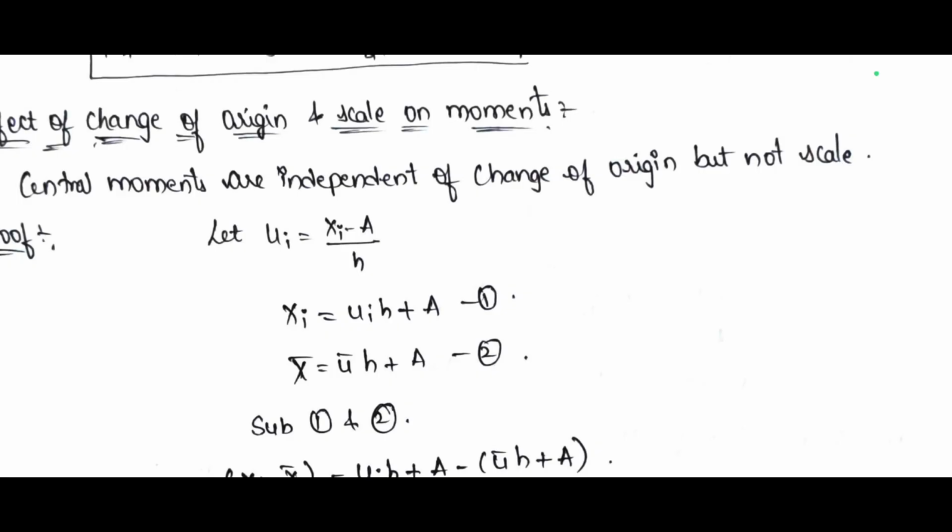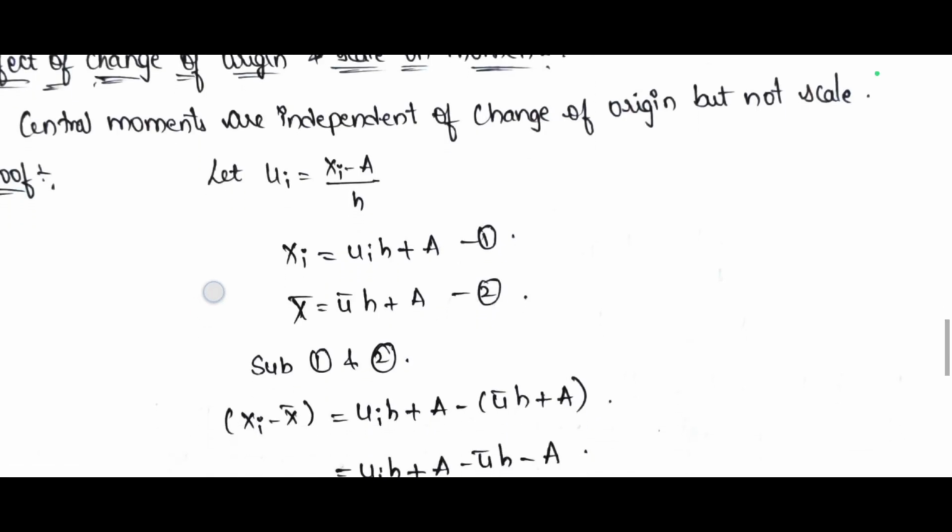So we are dividing by one constant called h. So here we get a new variable (xi minus a) divided by h. A and h are constants, xi is the variable, and the new variable will be ui.